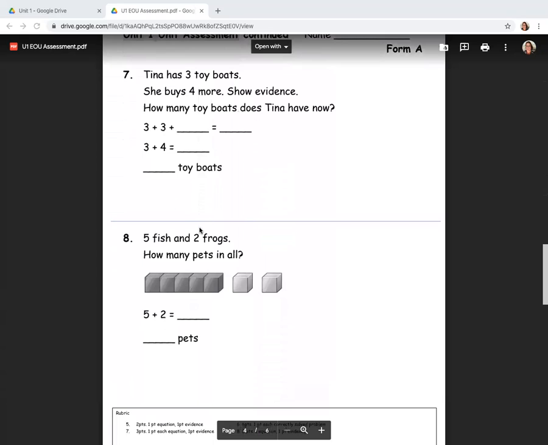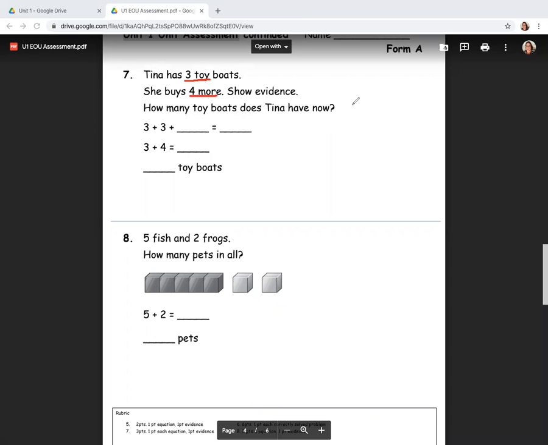Problem number 7. Tina has 3 toy boats. She buys 4 more. How many toy boats does Tina have now?